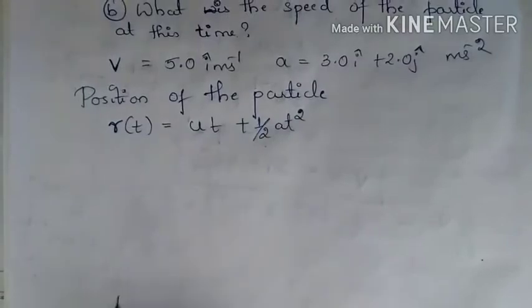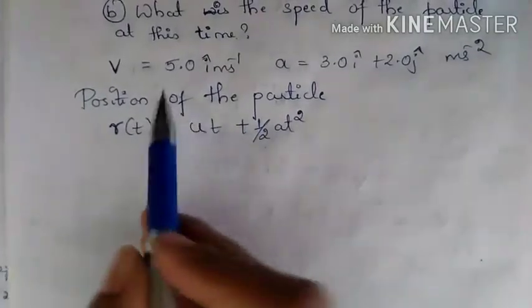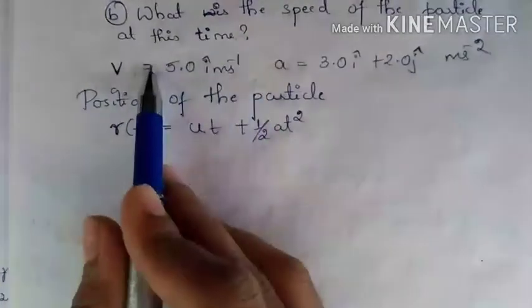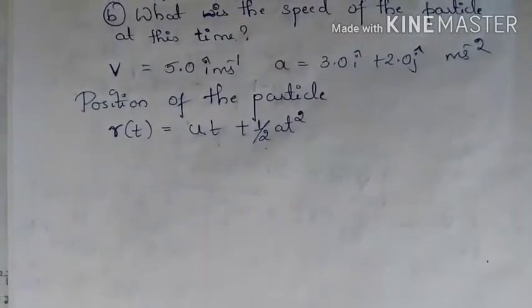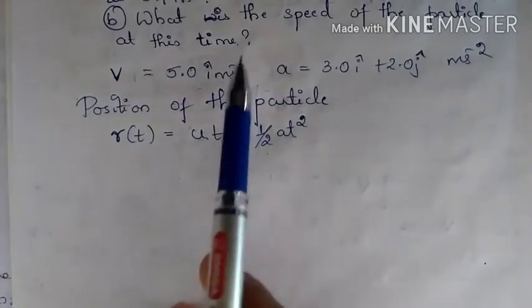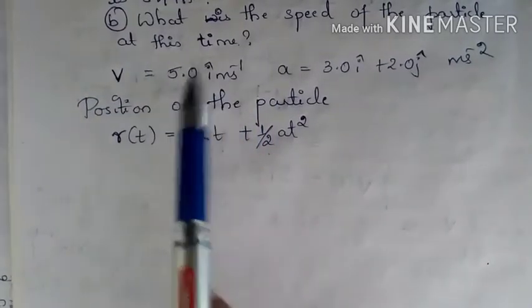So r here is the displacement. We have the initial velocity, and how do I say this is the initial velocity? Because he has mentioned time t is equal to 0, at origin the velocity is 5 meters per second.